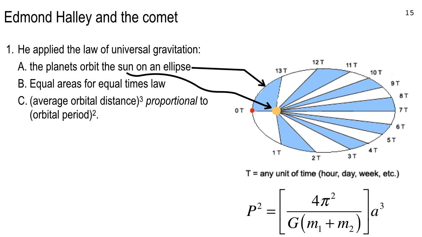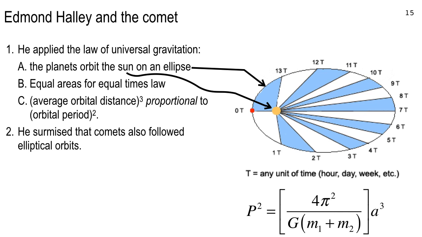All right? Now, Edmund Halley of Halley's Comet was friends with Sir Isaac Newton, and he knew all about these orbital laws and why universal gravitation put a lock on them. And so he surmised that comets also follow elliptical orbits. Kepler said, dude, Mars is on an elliptical orbit.